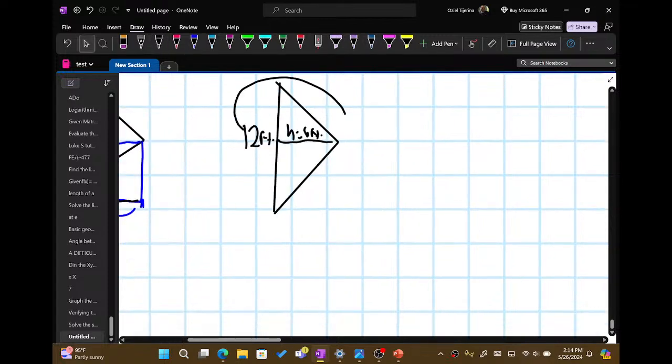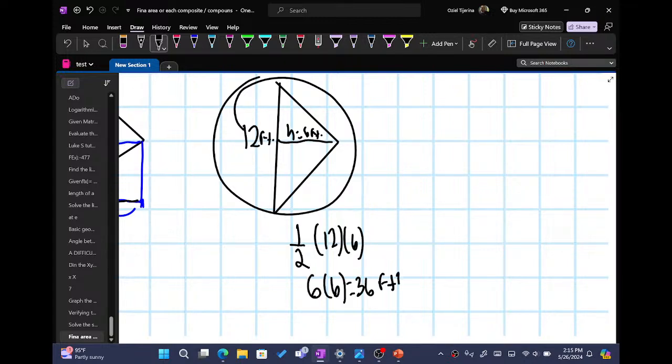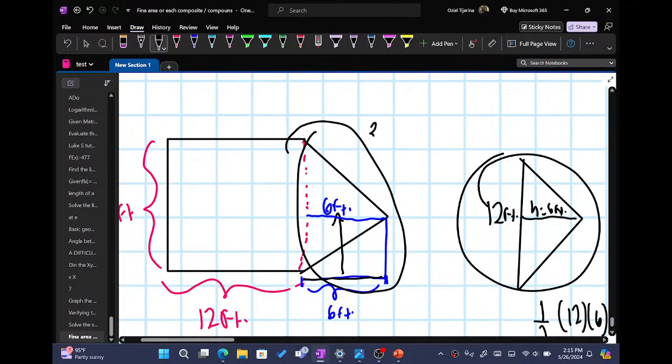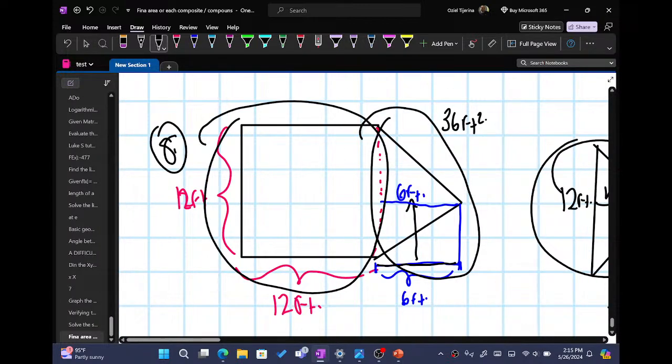So the area of this triangle is going to be 1/2 times 12 times 6, which is 6 times 6, which is 36 feet squared. Now we want to find the area of the square and add them together.